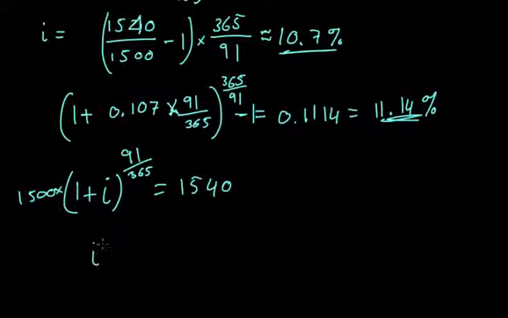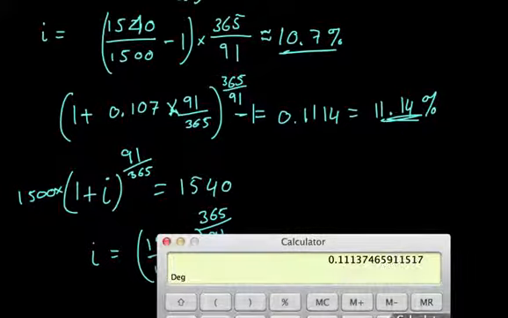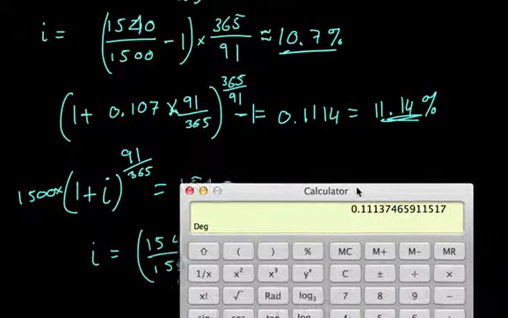So that means I is going to equal 1540 divided by 1500, so we get that to the other side. Then we're going to put it to the power of the inverse of this, which is the reciprocal, I guess, is what people call it, minus 1. And that should give us almost just about the exact same figure, hopefully not too much rounding error.